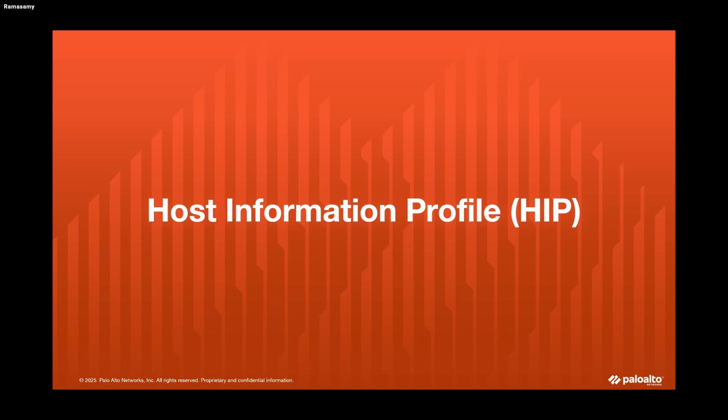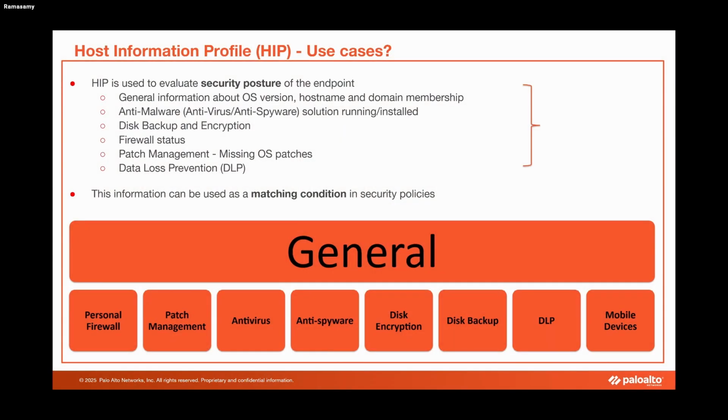Host information profile, or HIP. The host information profile is used to evaluate the security posture of an endpoint, and it is used to collect general information about hosts like OS version, whether the system has joined a specific domain membership, etc. It can also check whether an antivirus is installed, whether a firewall is installed, and whether it is running.